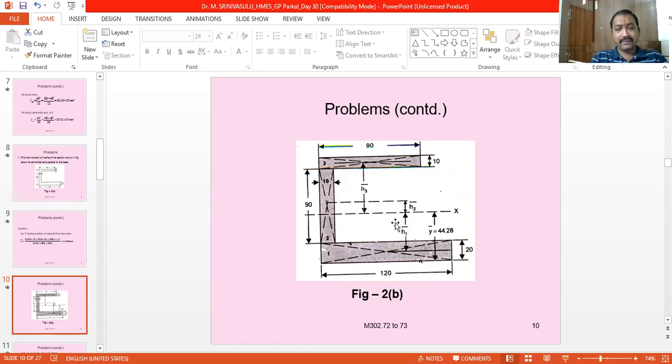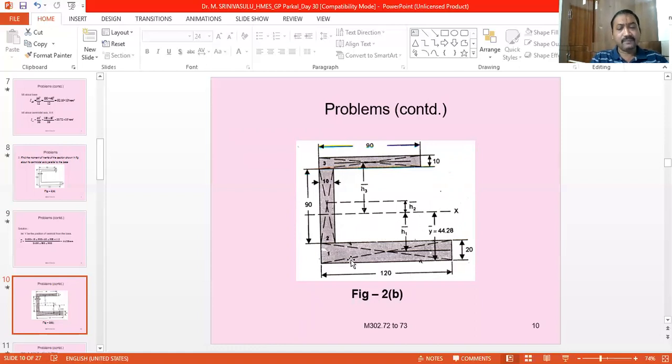We don't bother about the x coordinate, and we have to find only the heights, that is hy1, hy2 and hy3, and y bar, and accordingly we can find out the Ixx about this central axis parallel to the base.